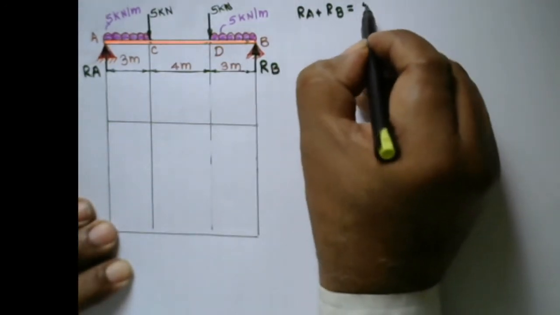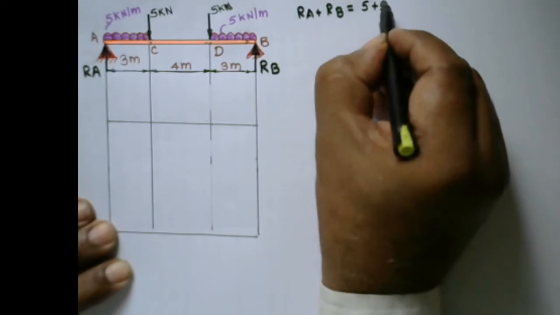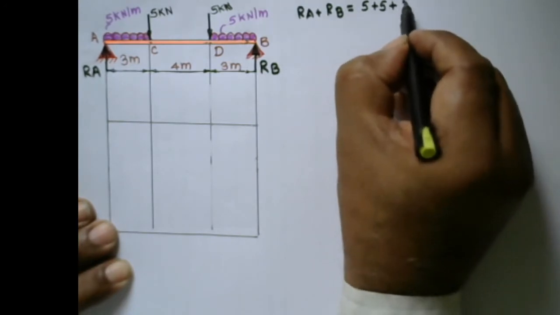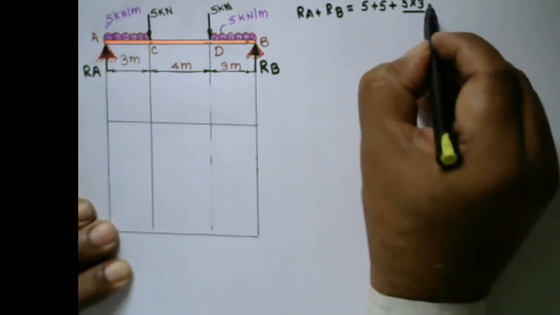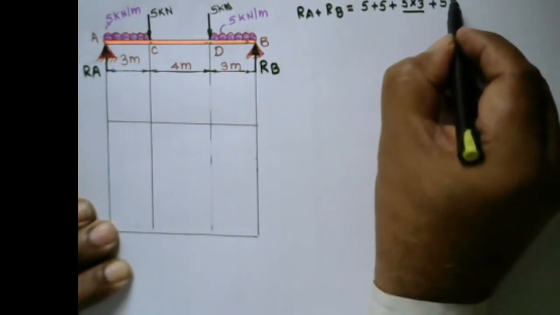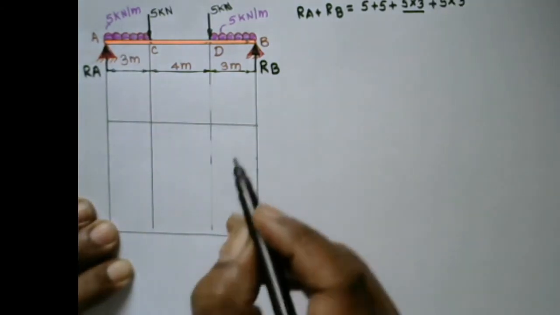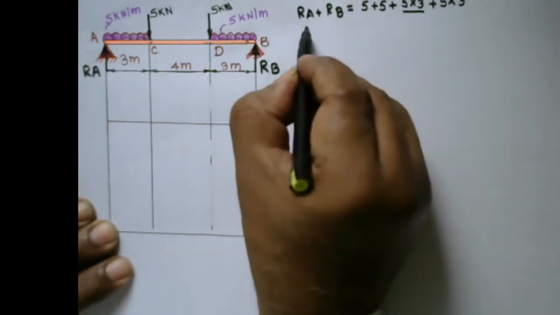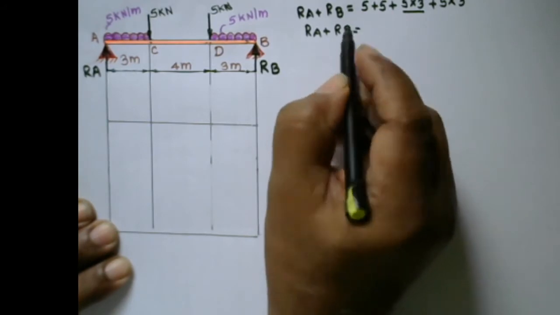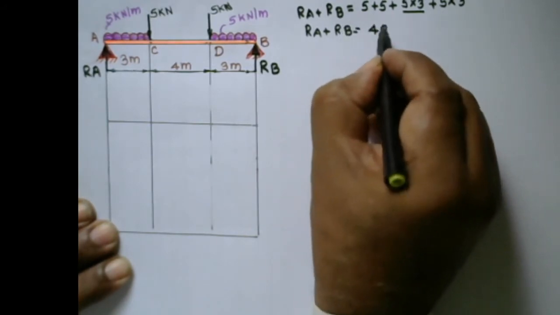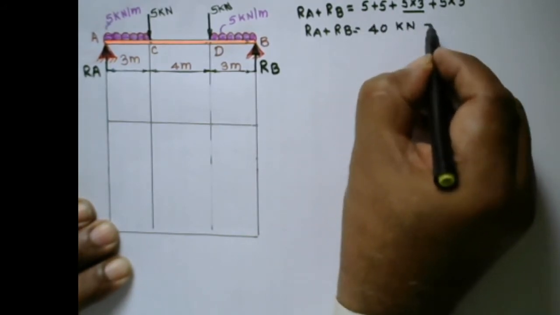So RA plus RB is equal to 5 plus 5 plus 5 into 3, that is the first UDL, plus the second UDL 5 into 3. So RA plus RB is equal to 40 kilonewton. Say equation number 1.